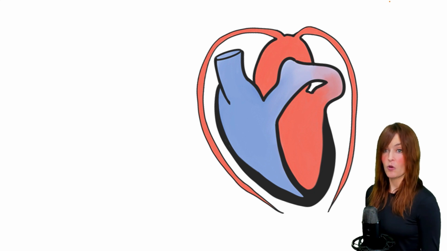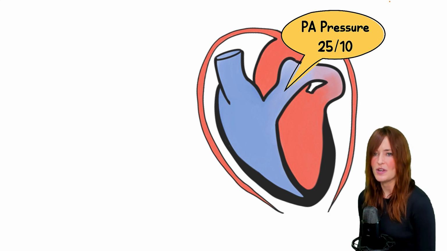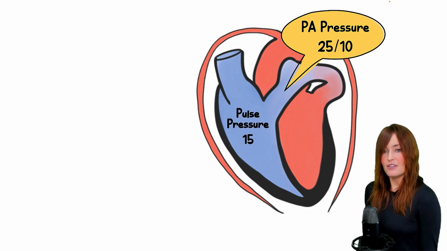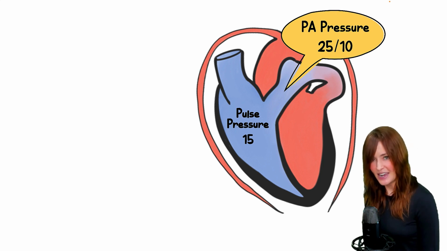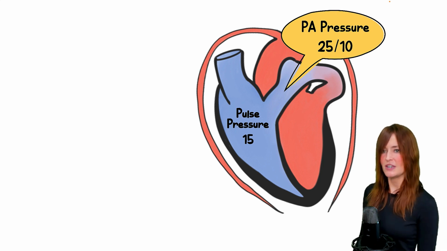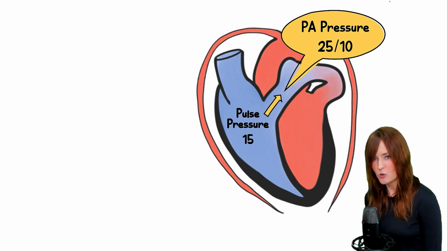So let's take our right ventricle and our pulmonary artery. Let's say, for example, on a normal day, we have PA pressures of 25/10. That gives us a pulse pressure of 15, right? 25 minus 10. That's the pulsatility that the RV is generating to push against these PA pressures.